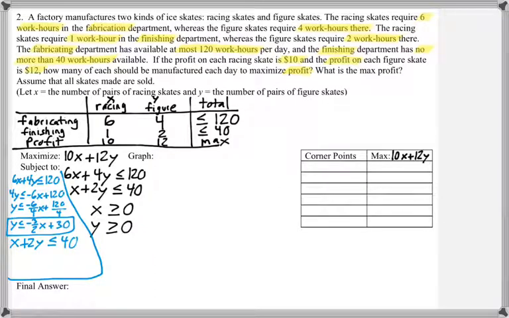If I subtract x from both sides, and then divide both sides by 2, this will be negative 1/2 x plus 20. So that's the second line that I want to graph. And then I also want to graph y is greater than or equal to 0.